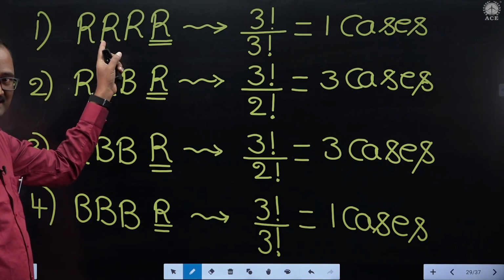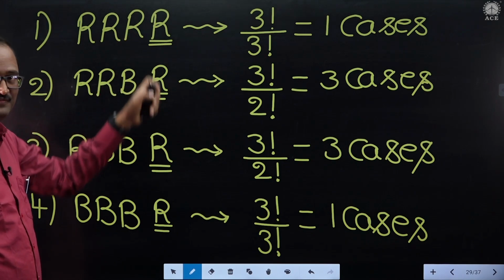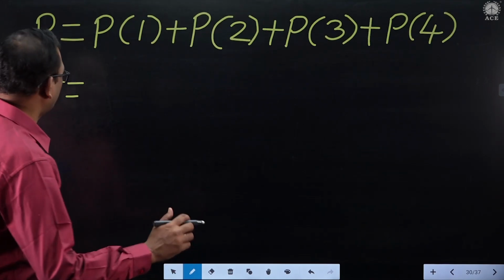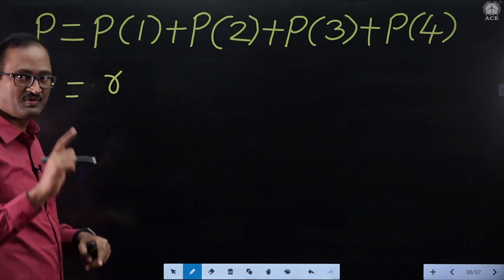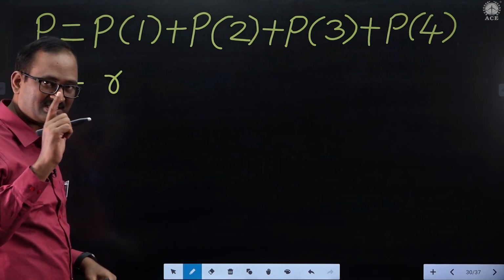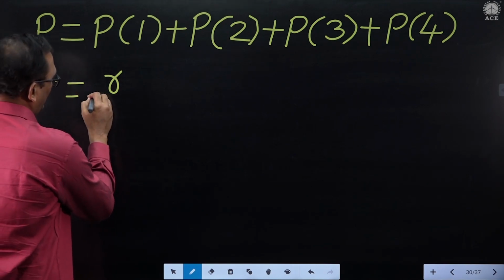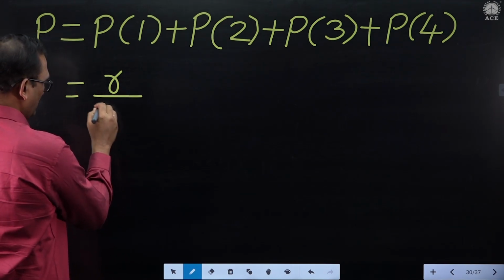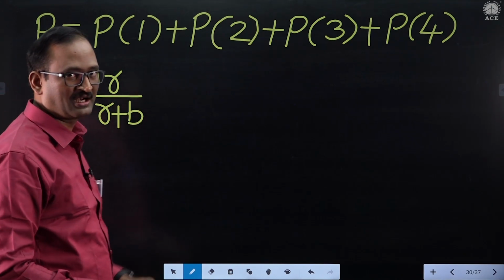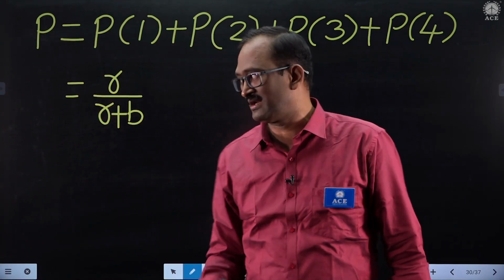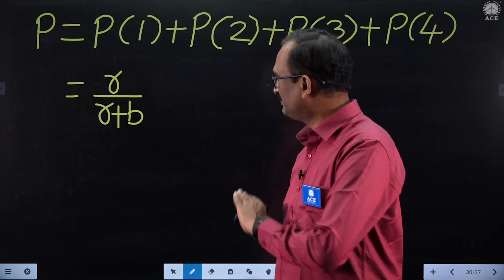First is red, second is red, third is red, fourth is red. First is red: RC1. Out of R red balls, 1 red ball can be chosen in RC1 ways, means R only. By total R plus B: out of R plus B balls, 1 ball can be chosen in R plus B C1 ways, means R plus B.